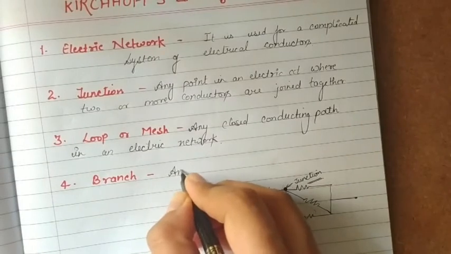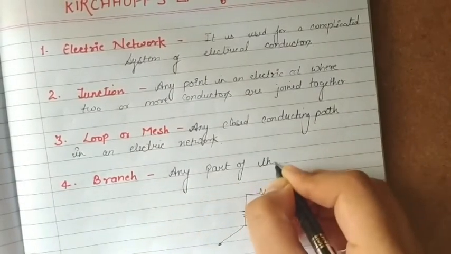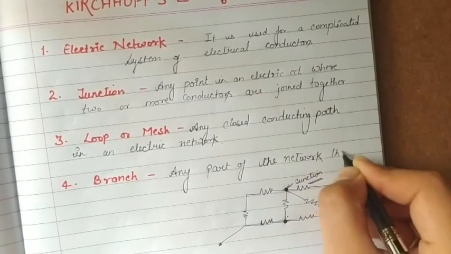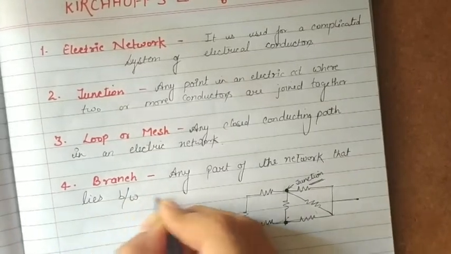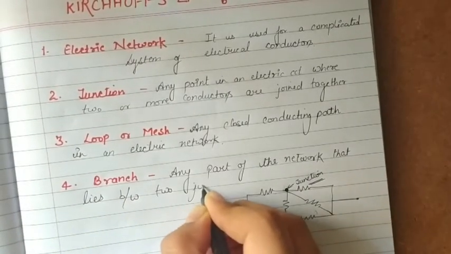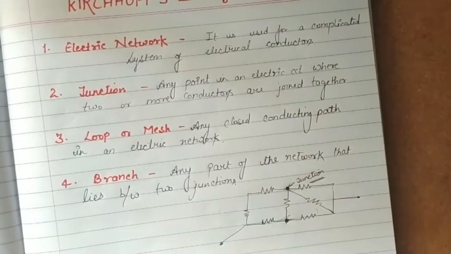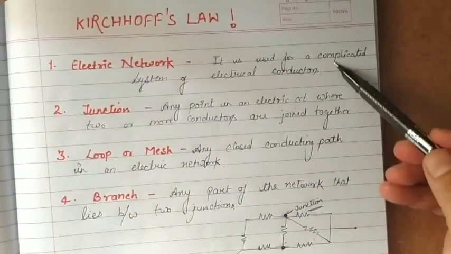Branch is any part of the network that lies between two junctions. This is called branch. So we are clear about the four terms. First, electric network.